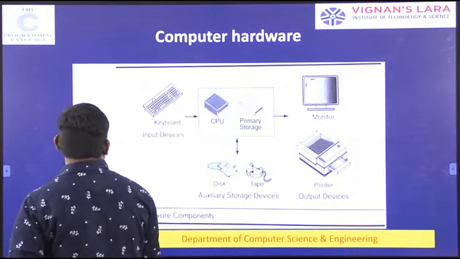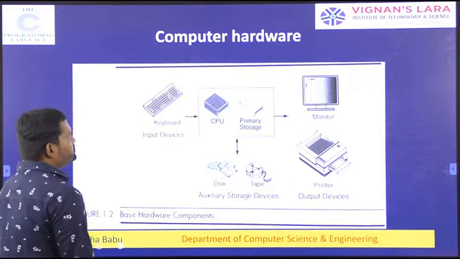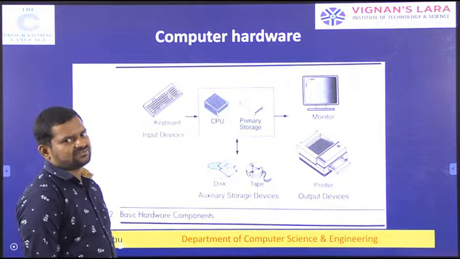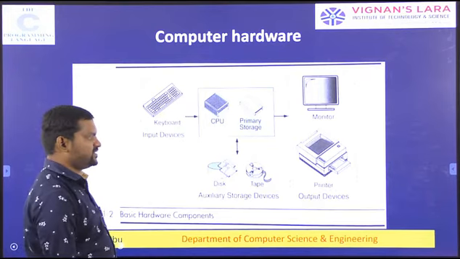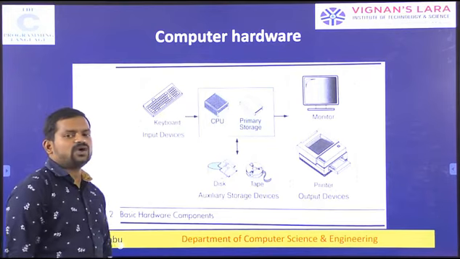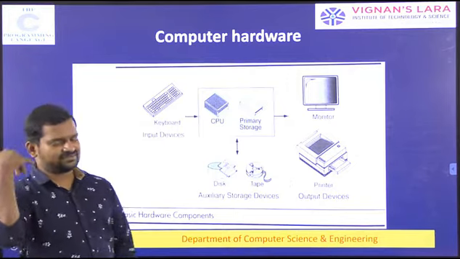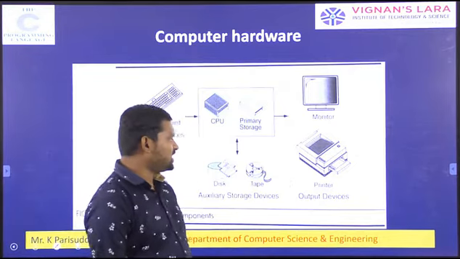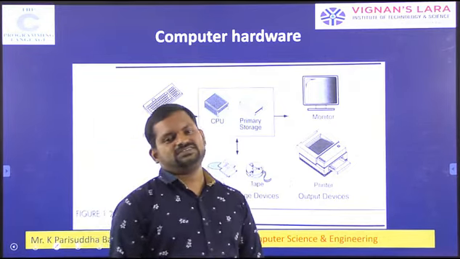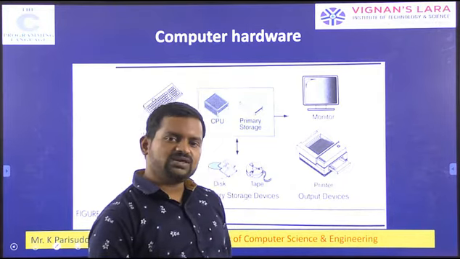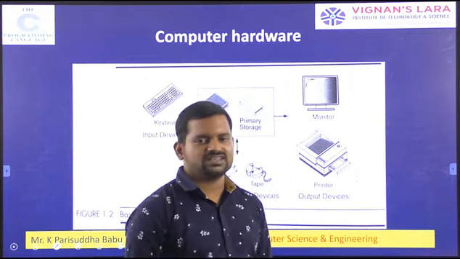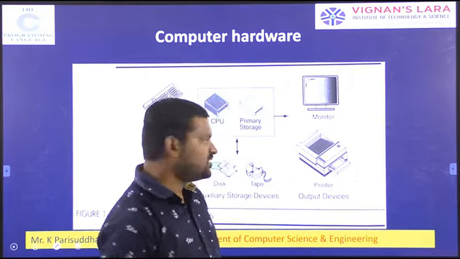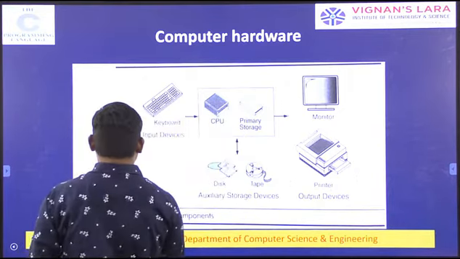A computer system has input devices, when we give input to the system. When we get output from the system, those are the output devices. Not only input and output devices, there are some more components for the computer hardware. Let me see.